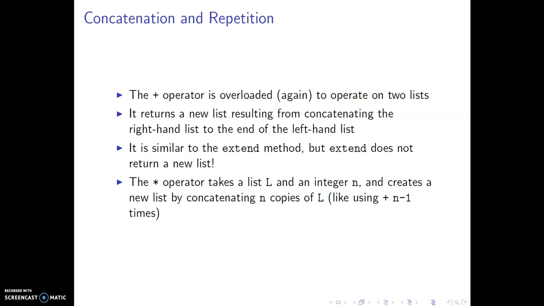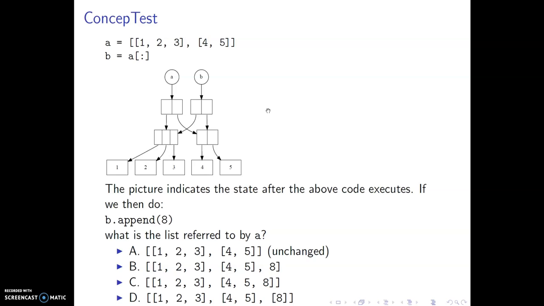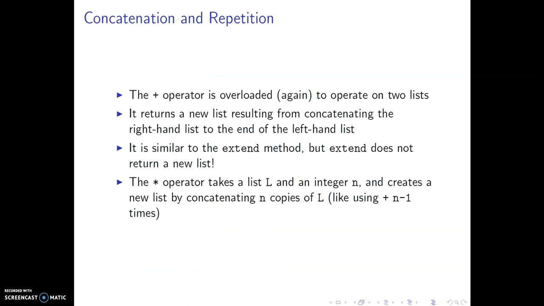So whatever's on the right-hand side gets concatenated to the left-hand side, in other words. It's similar to the extend method, but extend doesn't return a new list. So keep that in mind. That actually refers back to what we did here, right? So let's go ahead. We're going to test this out in the notes, but also spend a little time exploring this before you come to class.